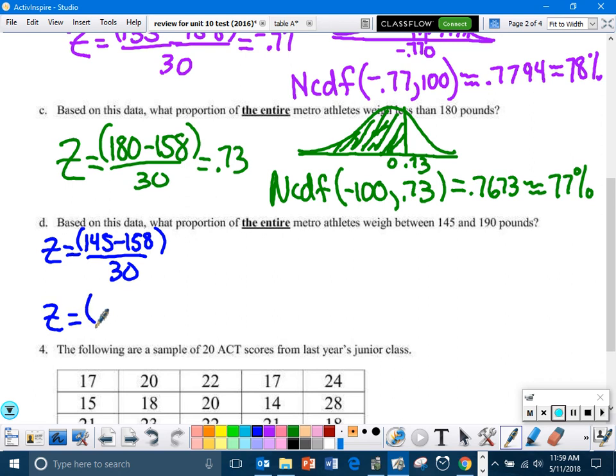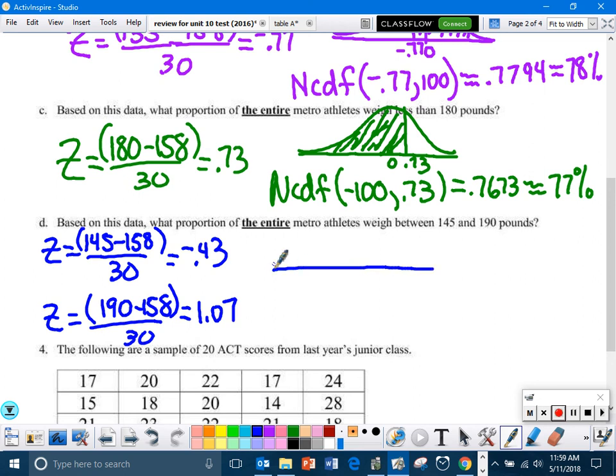And 190 minus 158 divided by 30. So my two z-scores are negative 0.43 and 1.07. That's a between.